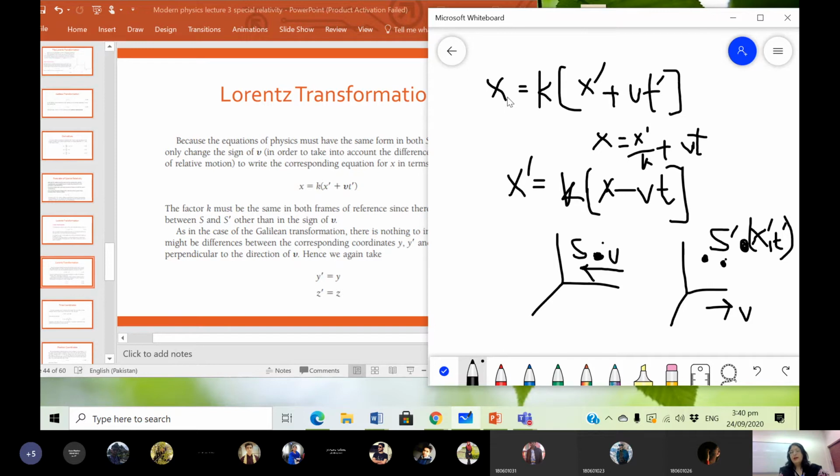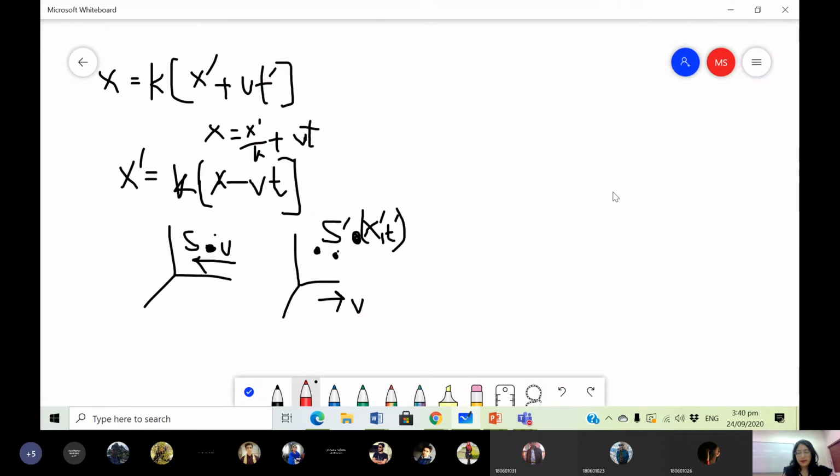And why are we doing that? Because if we are now observing, let me make the whiteboard bigger, if we are now observing from this frame, the coordinate will be x dash, and this is our factor times the Galilean transformation that we had. This equation makes sense. Why?